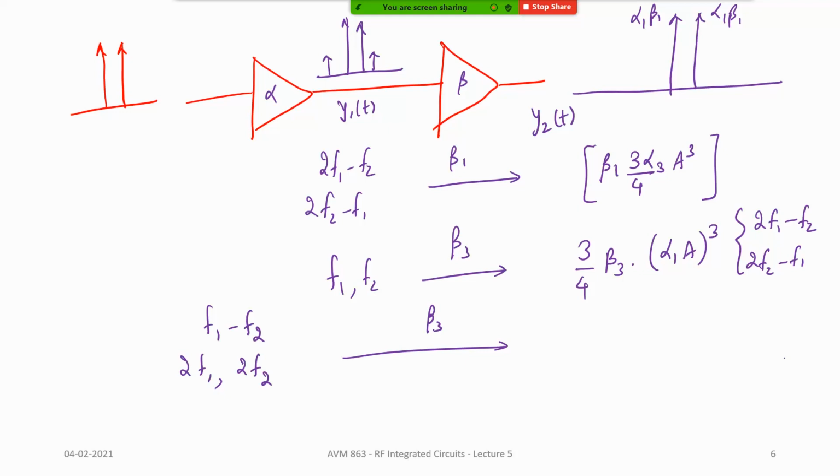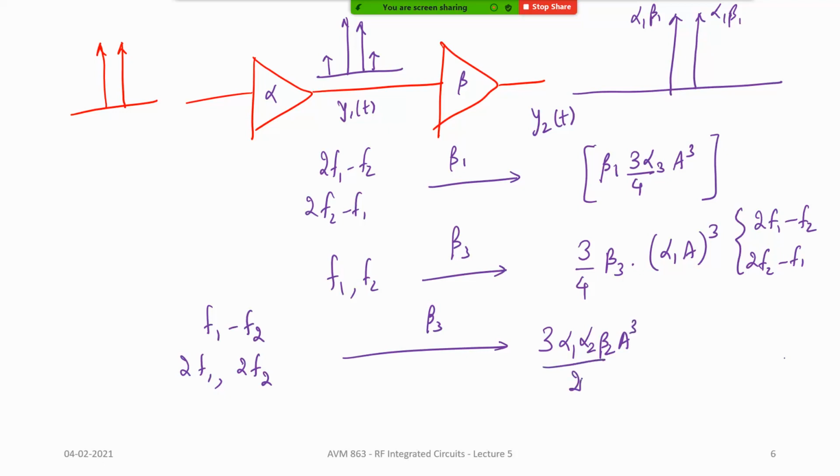So what will be the coefficient of these terms? Here you will basically have 2 times beta 2 alpha 1. Okay, sorry, the resulting terms will be 3 times alpha 1 alpha 2 beta 2 a cube by 2.